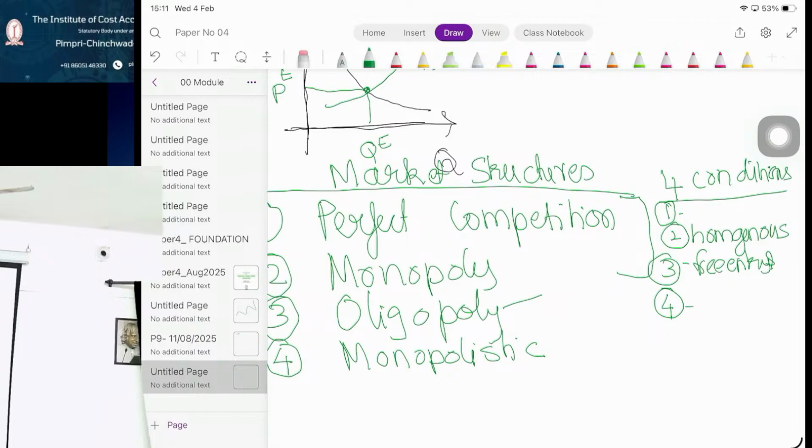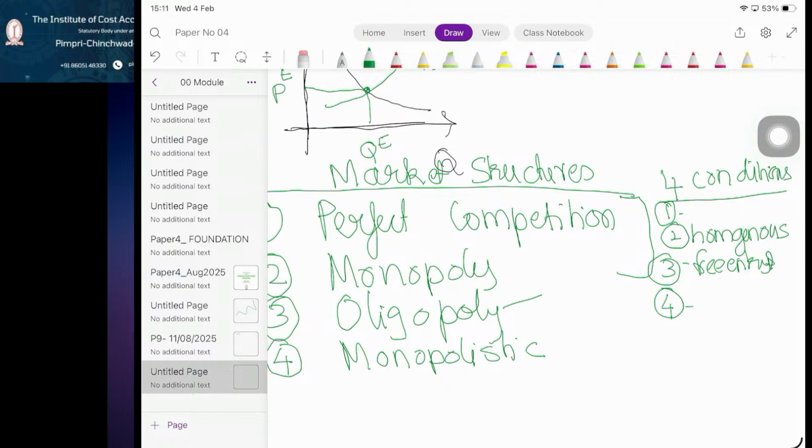Okay, so try to recall the other two conditions. We have correctly recalled two conditions: product is homogeneous and there is free entry and free exit. Yes, that's right. Large number of buyers and sellers. Just one more condition left.